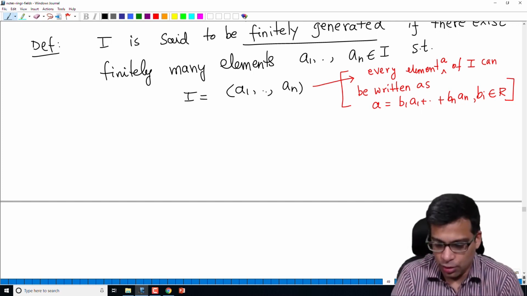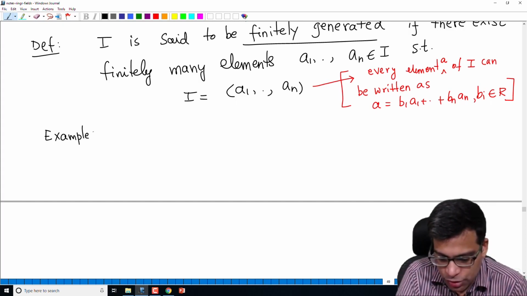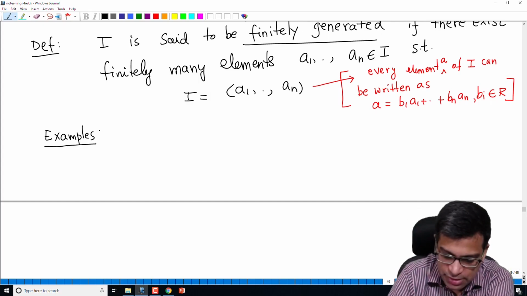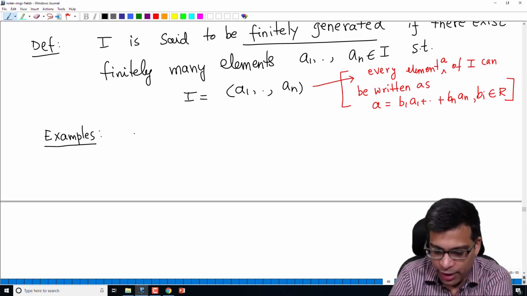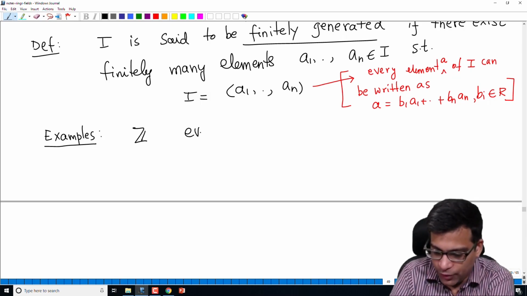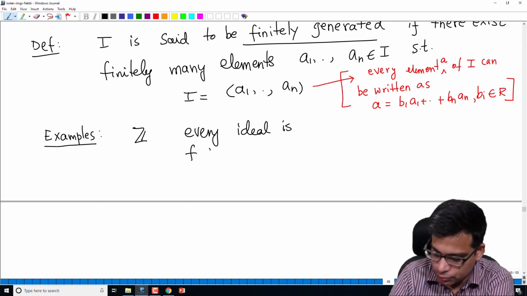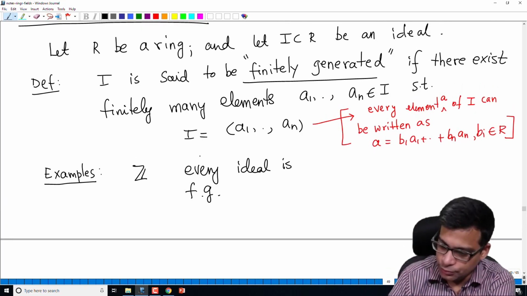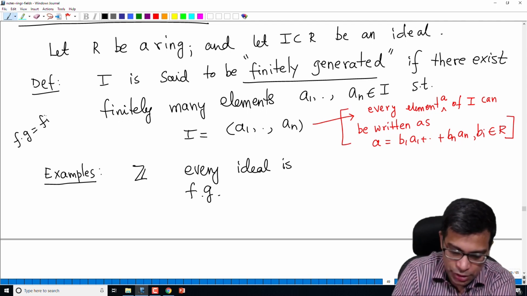Examples are plenty, because almost everything that we have seen so far, in fact probably everything, is an example of a finitely generated ideal. For example, if you take Z, every ideal is finitely generated. I'm going to write FG for finitely generated.